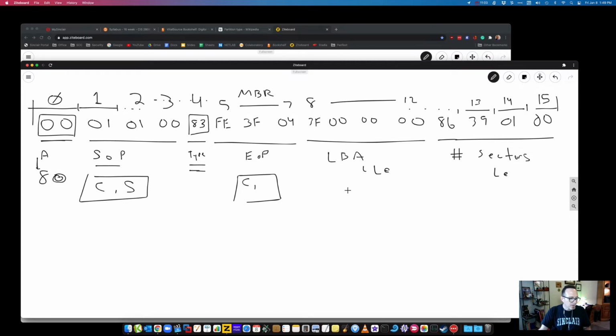Our logical block address is going to tell us about our partition table. So this is our partition table, and it's going to tell us where it is.